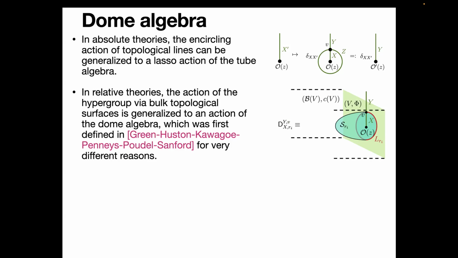It looks something like this. It also incorporates the twisted sectors. And it's really funny. I drew this picture and I decided I wanted to call it the dome algebra. And I just frivolously Googled dome algebra just to see if it existed. And these people had already defined it and called it the exact same thing, even though, as far as I can tell, they never actually considered topological surfaces. So this is like the domiest dome algebra you could possibly write down.